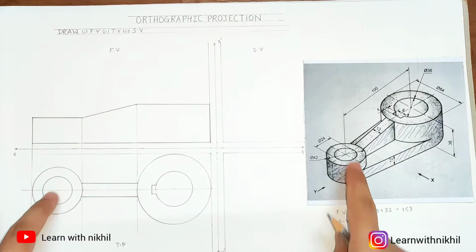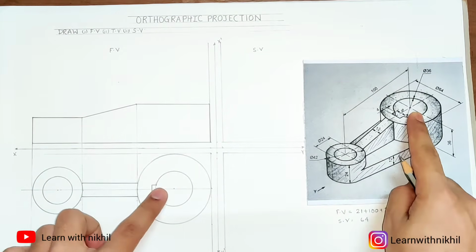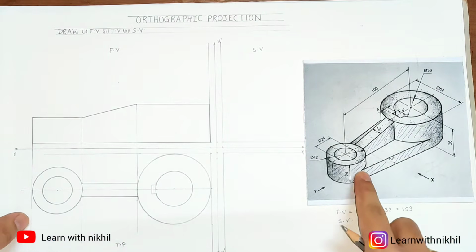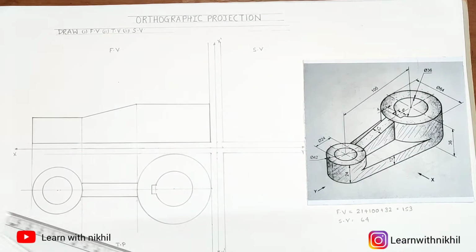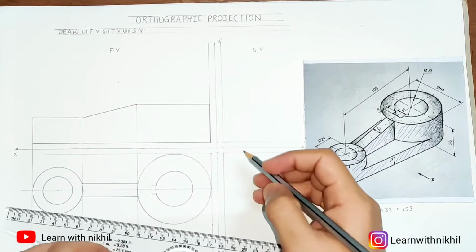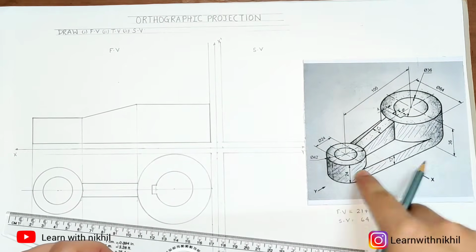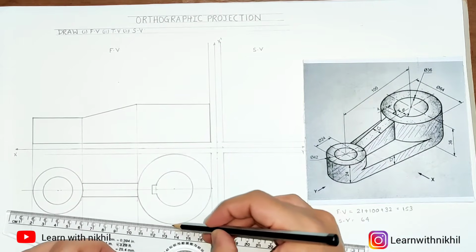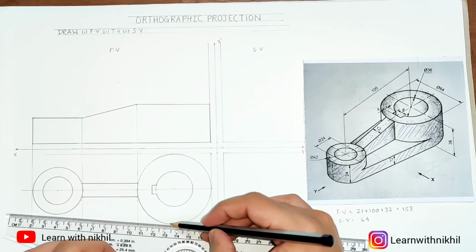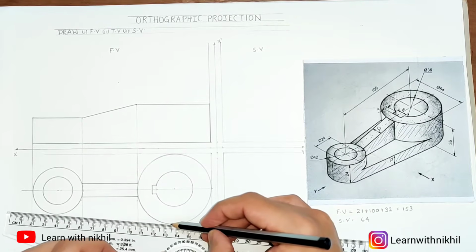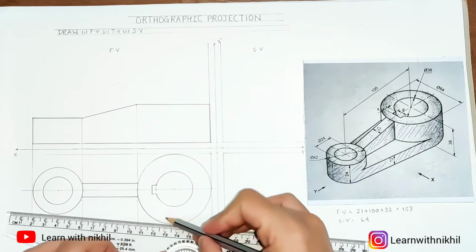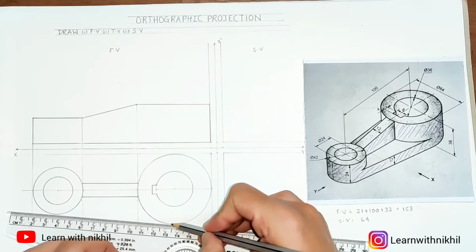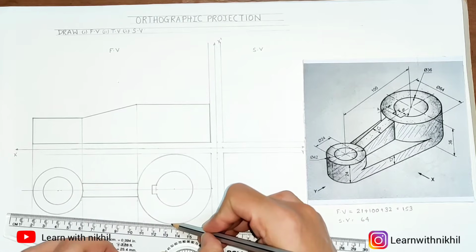Now the outer lines, these lines, as you can see, we will mark on the top view, and after marking them on the top view we will project them upwards to the front view. Now we have to draw a tangent to both these circles. So align your scale so that it just touches the circle.